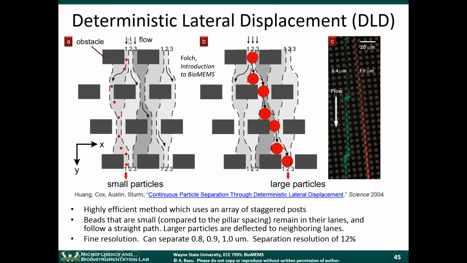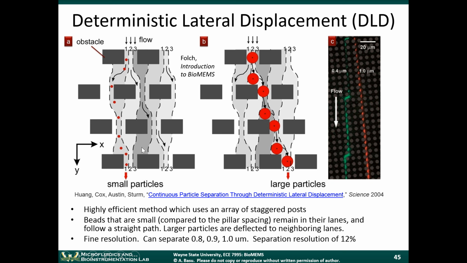The flow vectors are going straight down, but the obstacles, if we look at a single line of posts, are offset at a specific angle. So a particle that goes down any streamline is always going to interact with the post underneath it. It's going to keep on interacting with posts as it goes through the channel.